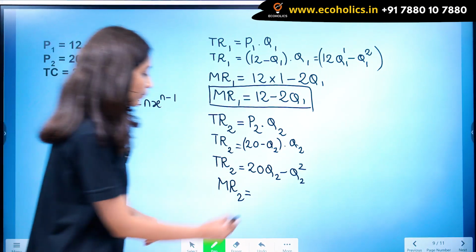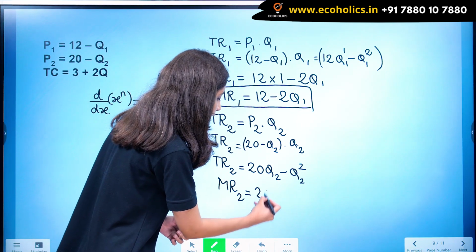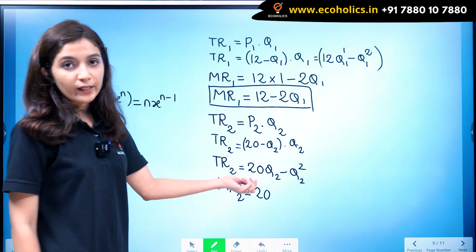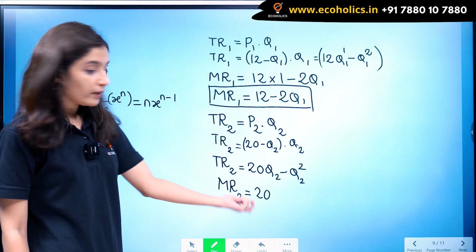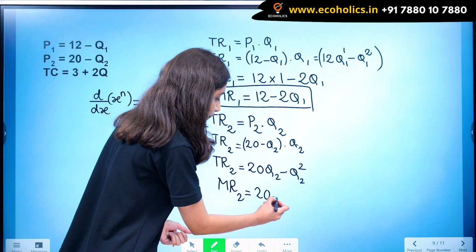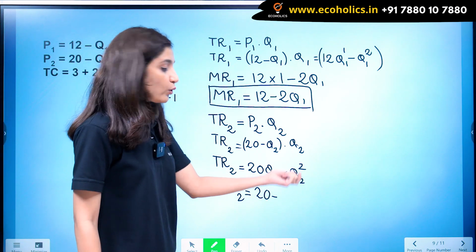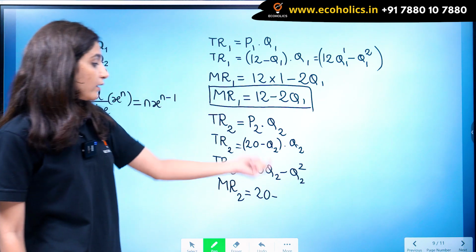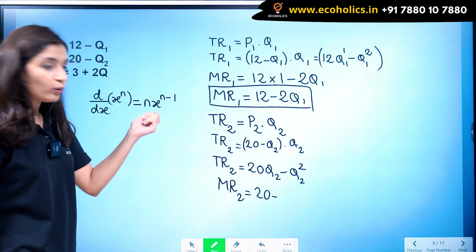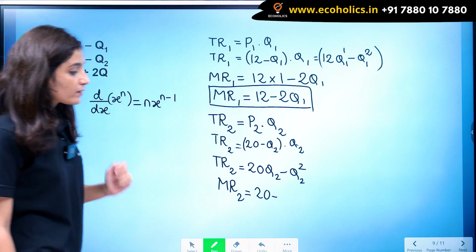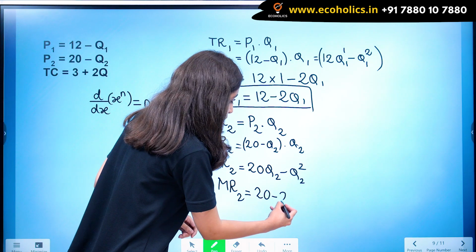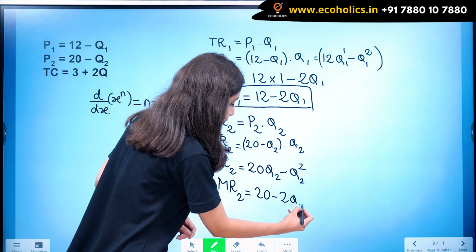The derivative of 20Q2 is 20, minus the derivative of Q2 square. In this case n is equal to 2, so using this, we get 2Q2.